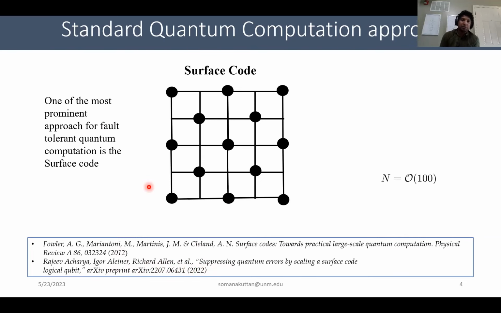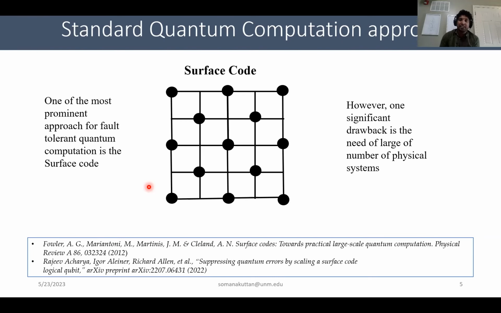This is the most prominent idea people think about for implementing fault-tolerant quantum computation. But one of the biggest overheads is the number of physical qubits you need: almost 1,000 physical qubits for one logical qubit. That's a very large overhead, and one of the biggest drawbacks when people consider surface codes as a prominent candidate.